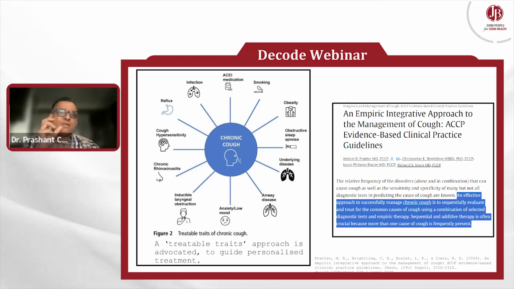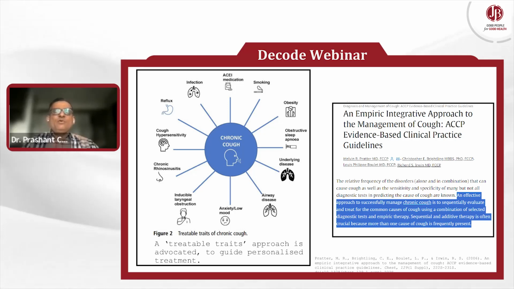And there are papers to show that obstructive sleep apnea worsens the gastroesophageal reflux symptoms, particularly at night, and hence you need to identify sleep apnea and treat sleep apnea, particularly if your patients are complaining of nocturnal cough.